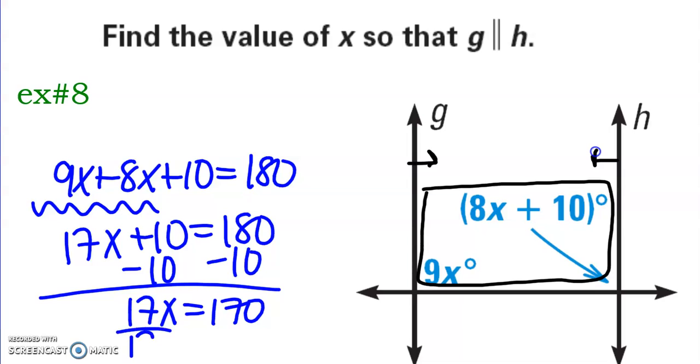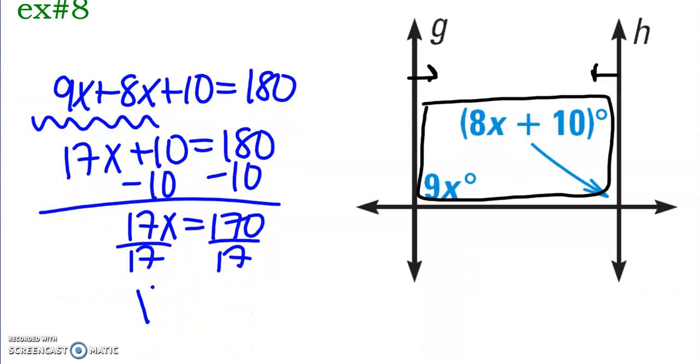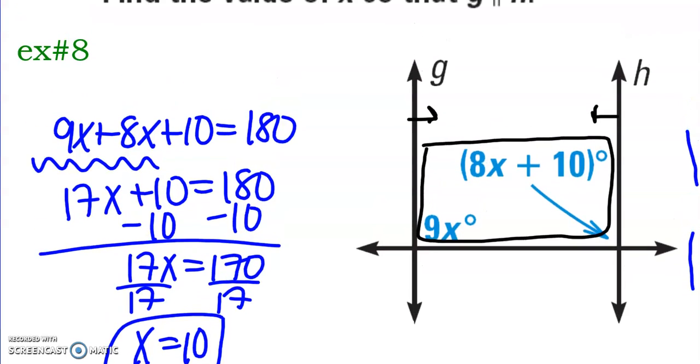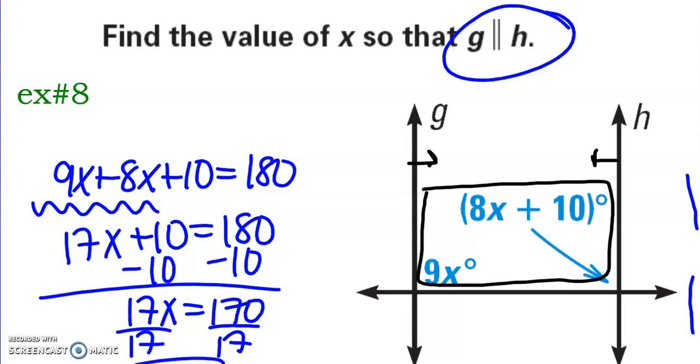Divide both sides by 17, and we get x equals 10. So if x equals 10, then both those angles are going to add up to 180, which is going to show by the same side interior angles converse that line G is parallel to line H.